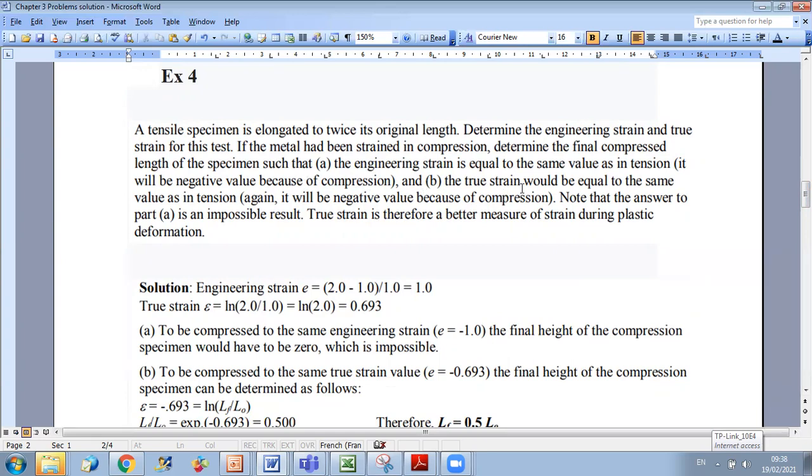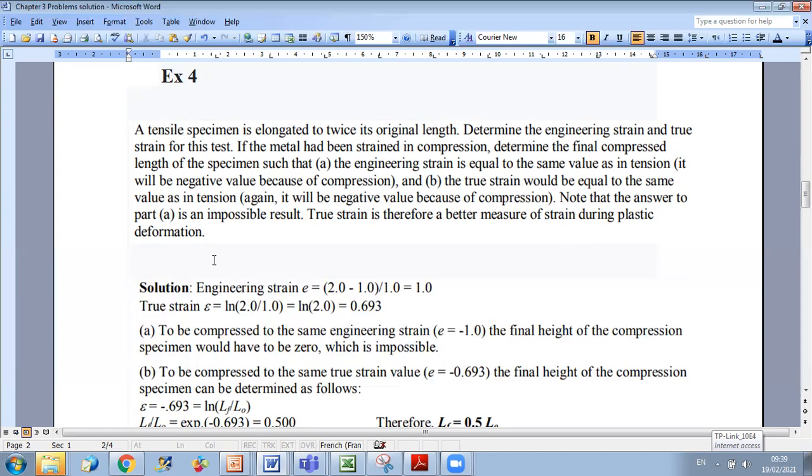And B, the true strain would be equal to the same value as in tension. Again, it will be a negative value because of compression. Note that the answer to part A will be an impossible result, and we will see why. And determine whether true strain is therefore a better measure of strain during plastic deformation.